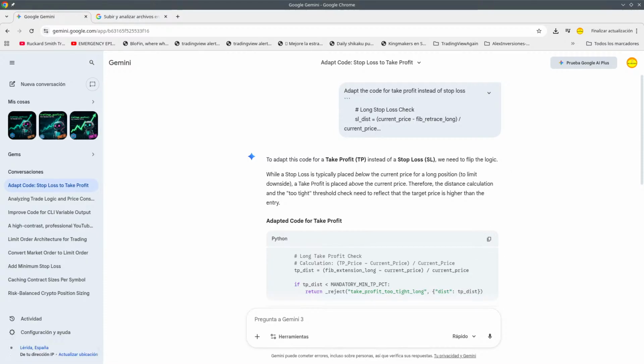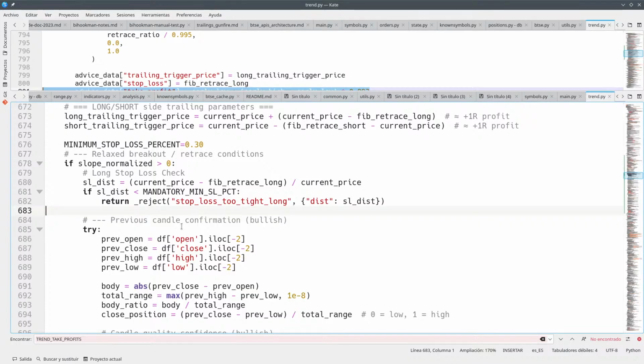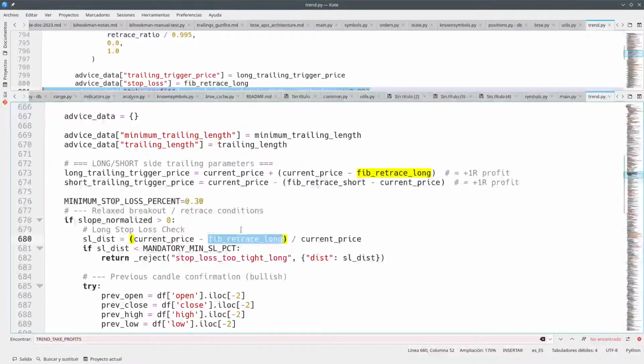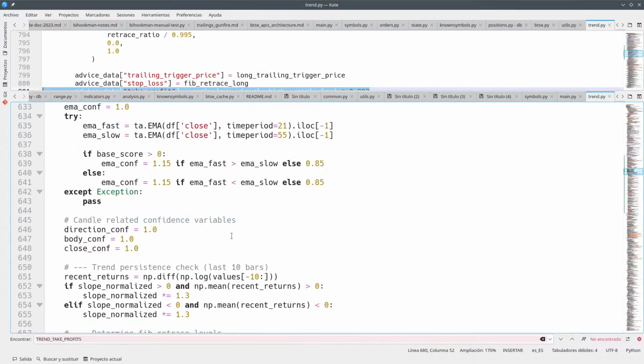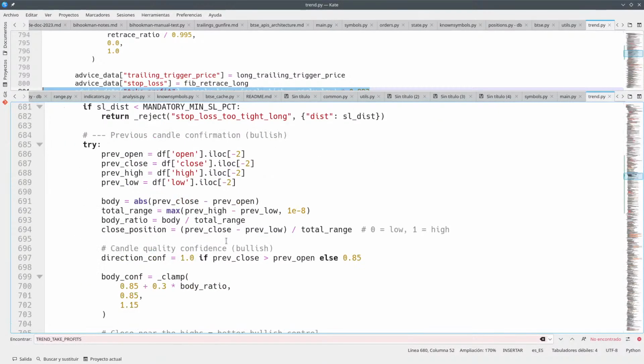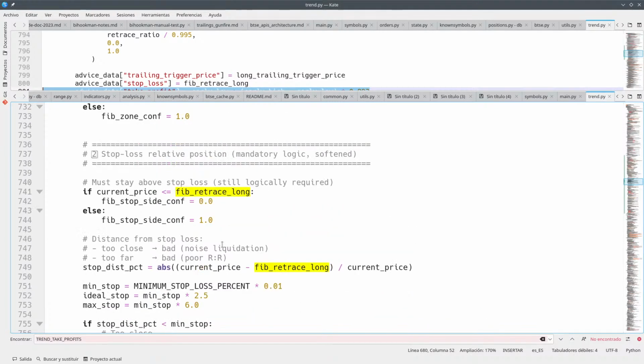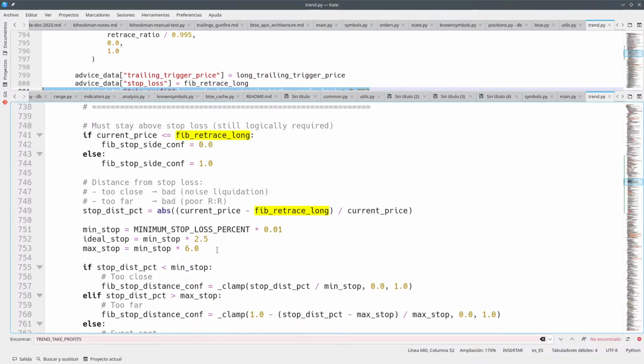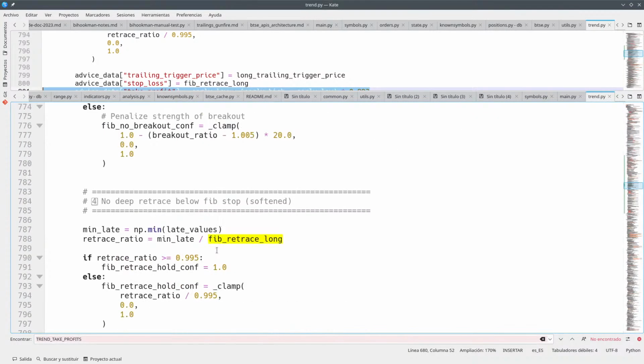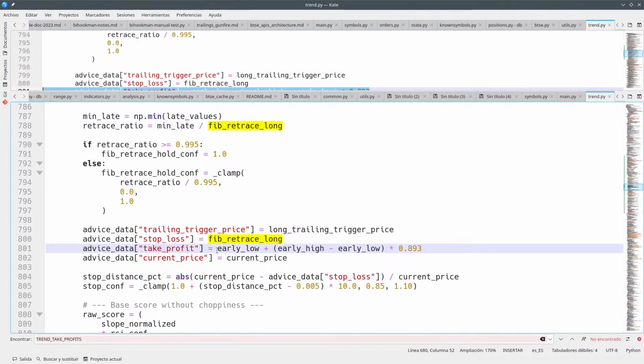Let me see. Yeah, what's the... So I know that this is a stop loss, but do we have any idea of what's going to be the take profit? Because right now... Yeah, it's this thing here.